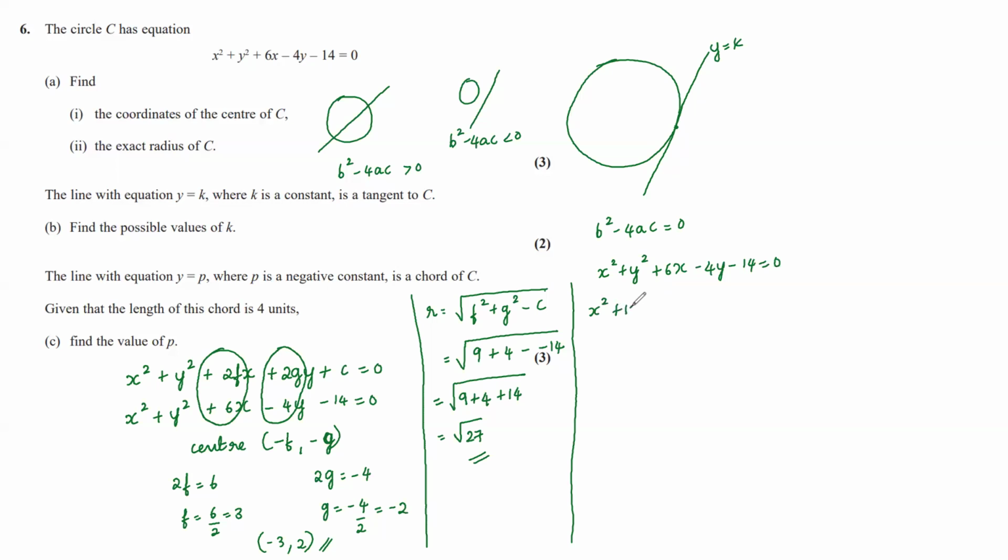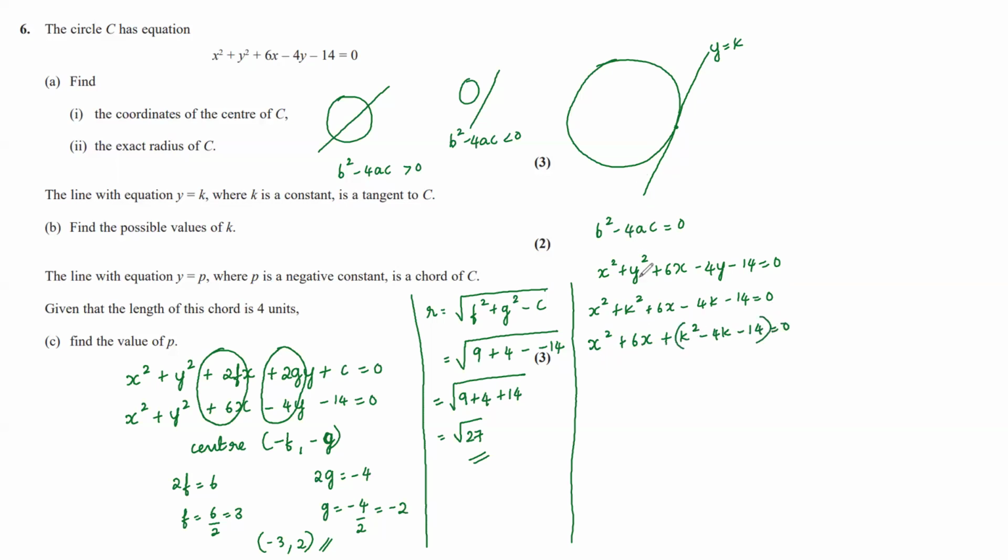So x squared plus k squared plus 6x minus 4k minus 14 is equal to 0. Let's arrange them: x squared plus 6x plus k squared minus 4k minus 14 is equal to 0.